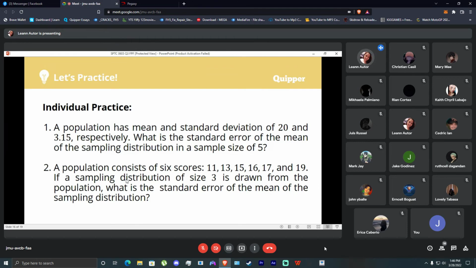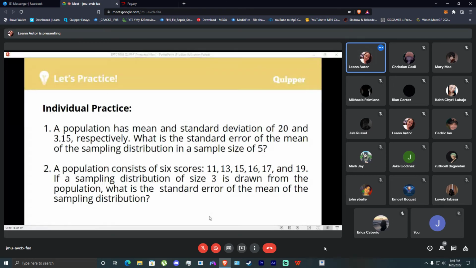So also for the standard error, you are going to solve for this one. There will be two activities or outputs that you're going to submit this afternoon. Since you still have time, I'll let you use the remaining time to solve the activities this afternoon. So let's have first the other one.